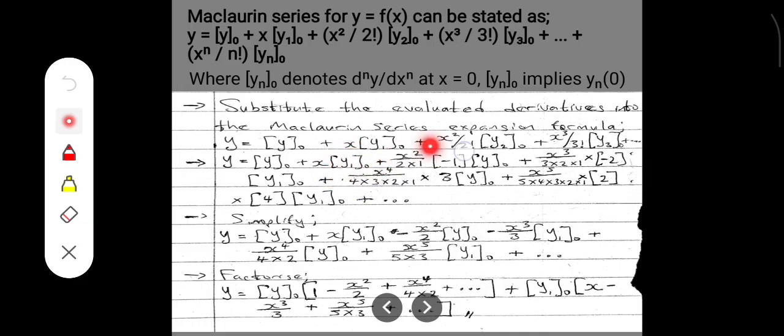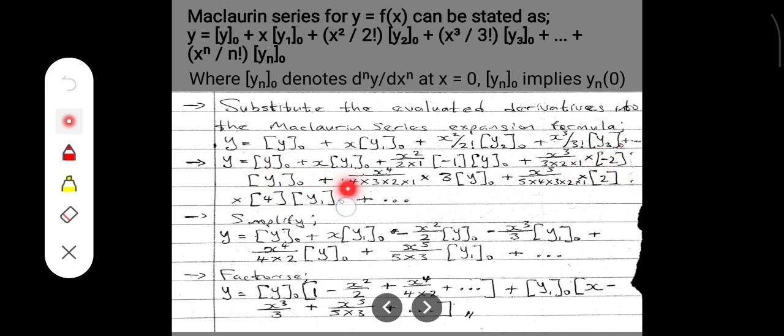Now from the higher derivative, we have s to the power 2 divided by 2 factorial, which is 2 times 1. Now y subscript 2 of 0, we got minus 1 multiplied by y of 0, plus s to the power 3 divided by 3 factorial, which is 3 times 2 times 1. Then our y subscript 3 of 0, we got minus 2 multiplied by y subscript 1 of 0.